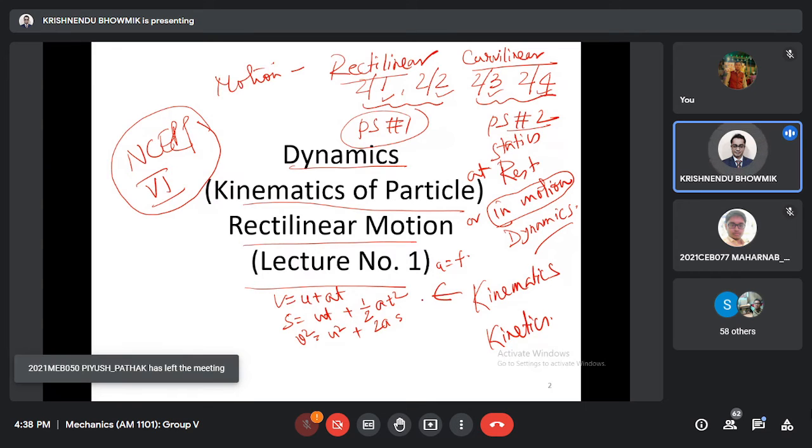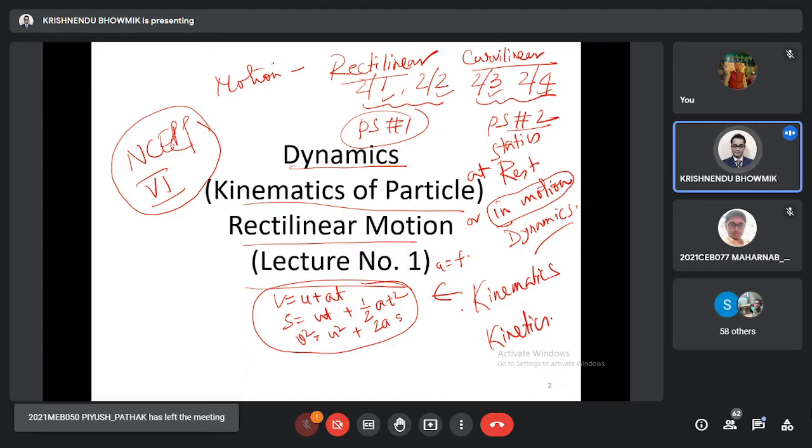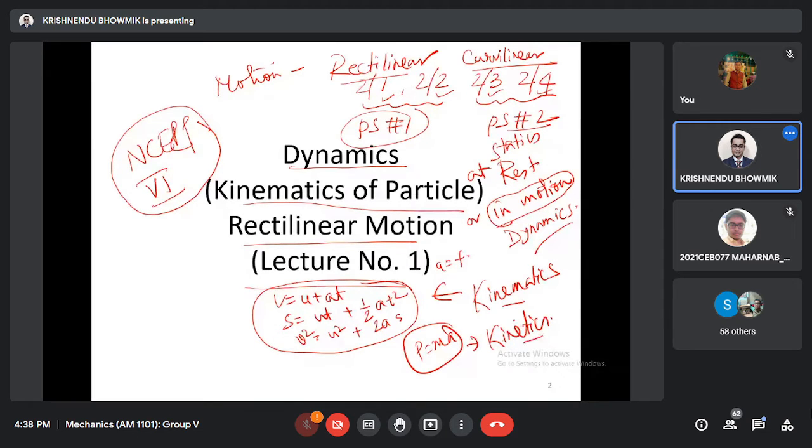So this type of relationship does not involve the force causing the motion in kinematics. But in kinetics we will be governing the force required to produce that motion, like P equal to ma. That type of relationship is kinetics. So today we are covering this kinematics portion only.